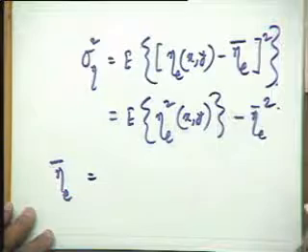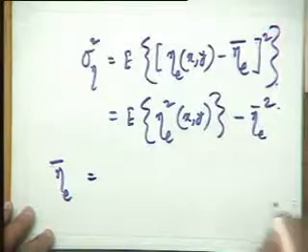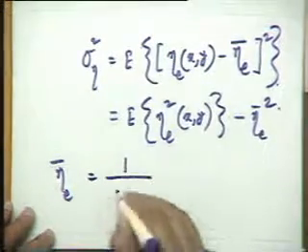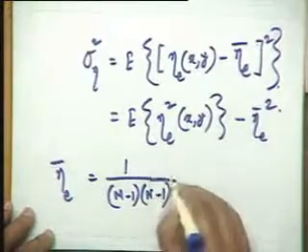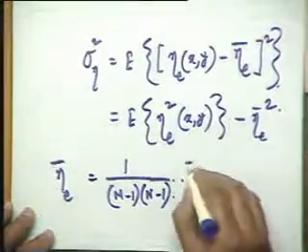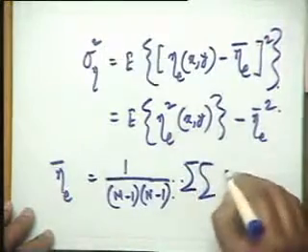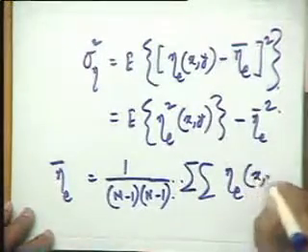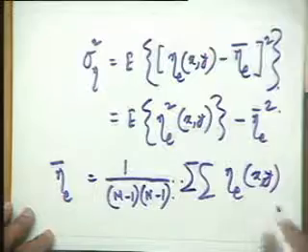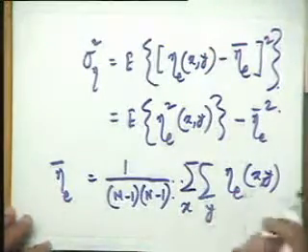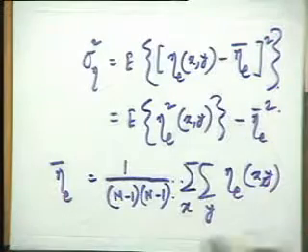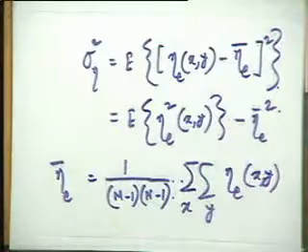And what is going to be our eta e bar? It is very simple. For the case of an m by n image, we are going to have 1 upon (m minus 1)(n minus 1), which is the normalizing factor, and we must double sum eta e(x,y) over x and y. Thereby we will be getting eta e bar.